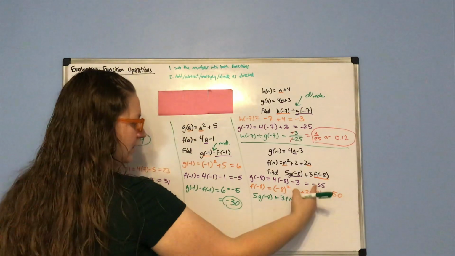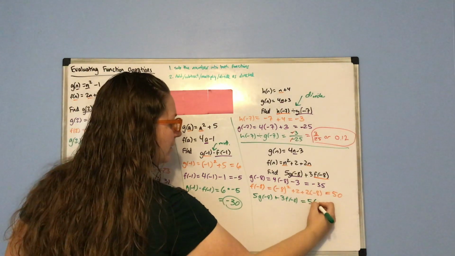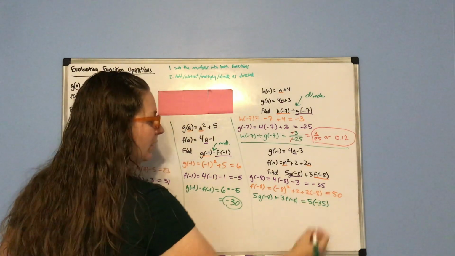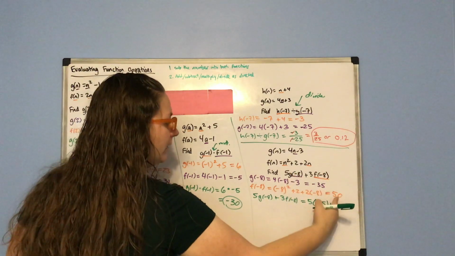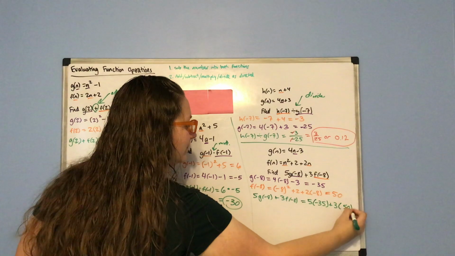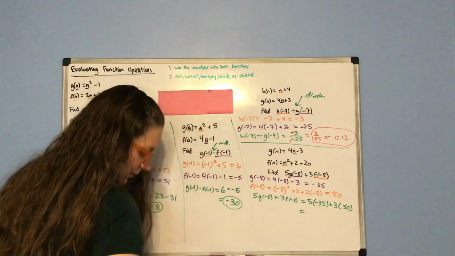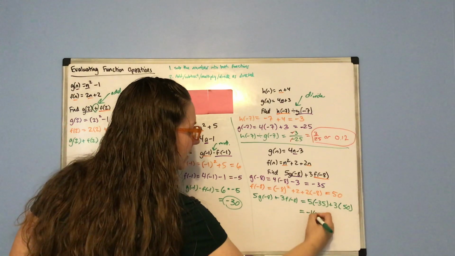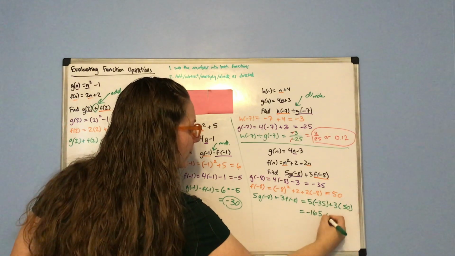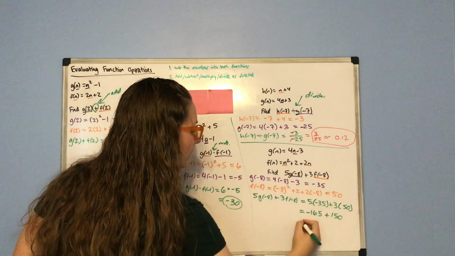So 5 times g of -8, so times -35, plus 3 times f of -8, that answer was 50. 5 times -35 is going to be -165. 3 times 50 is 150.